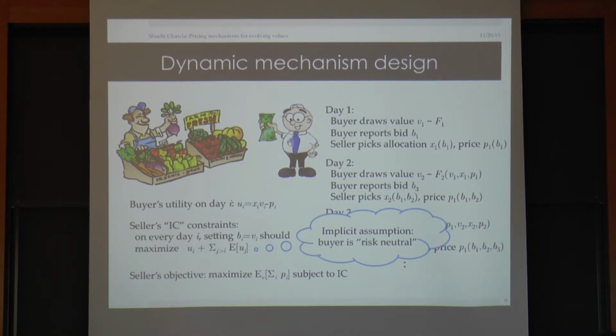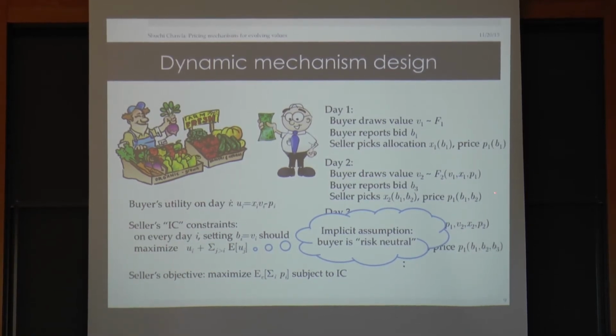So for instance, this function could say that P2 is 0 if X1 is 1. If you buy today and pay me that extra amount, then P2 is going to be 0, and that's a commitment that I make. And also X2 is going to be 1 in that case. So the seller could actually make that commitment, and thereby charge an extra amount here.